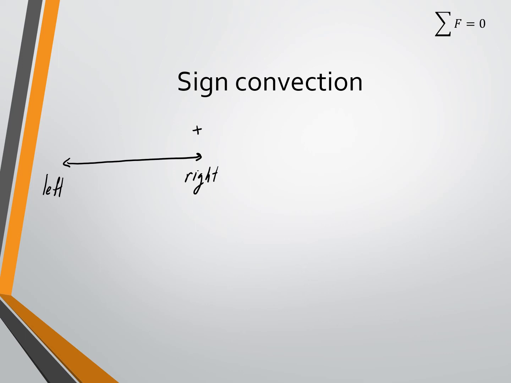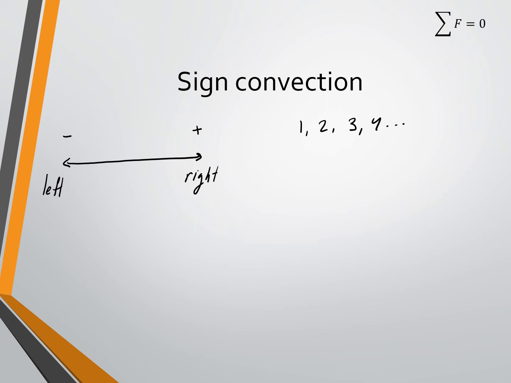And the reason we say right is positive is if we look at writing out our numbers, we'd have 1, 2, 3, 4, etc. They get bigger and they are all written as positive numbers. Because right is positive, left has to be negative. And that is just the way we're going to be using signs in this class. We're always going to say to the right is positive and to the left is negative.